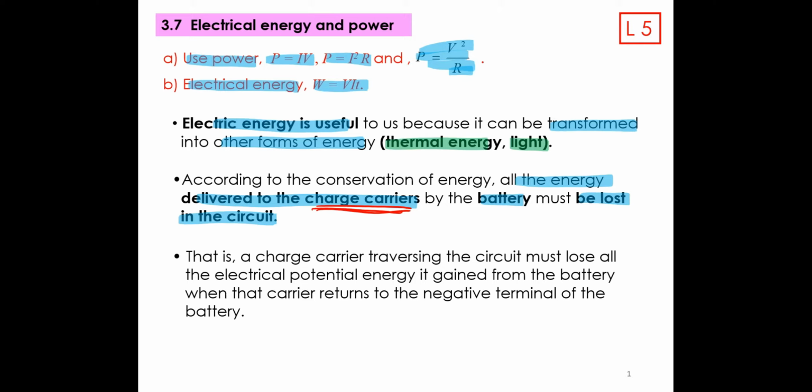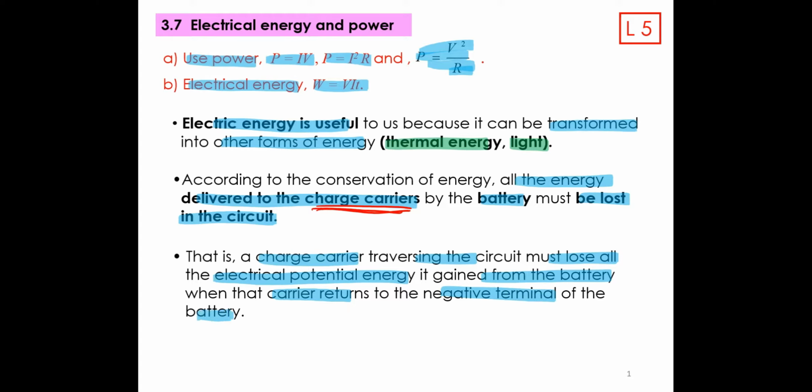That is, a charge carrier traversing the circuit must lose all the electrical potential energy it gained from the battery when that carrier returns to the negative terminal of the battery.